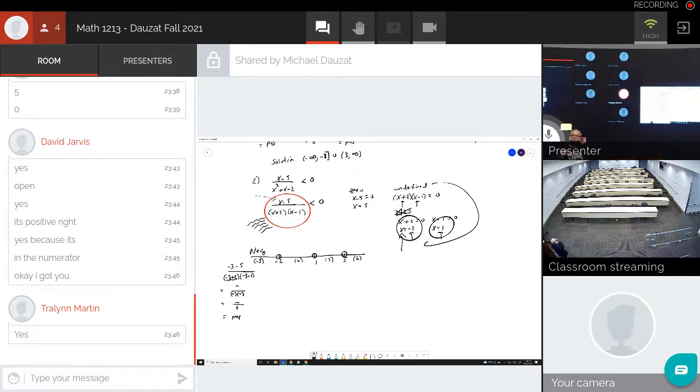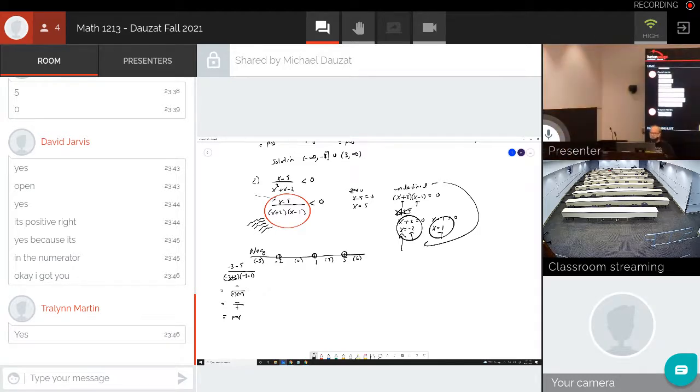You got to speak up. You want that rational expression to be less than what? 0. What kind of numbers are less than 0? Negative. So you want this rational expression to be less than 0, and what kind of numbers are less than 0? Negative numbers.